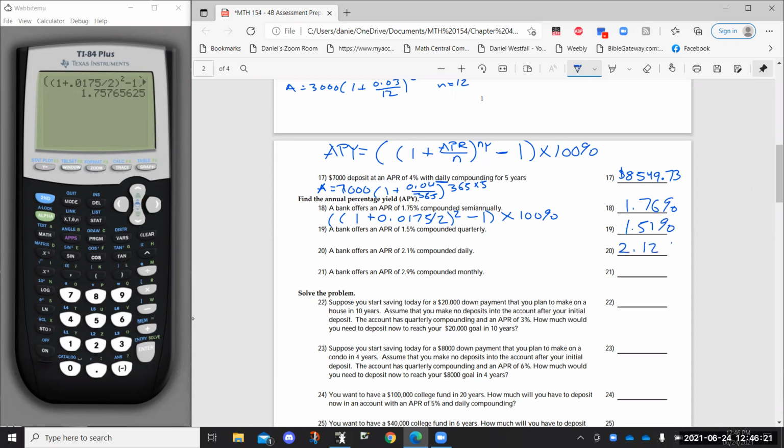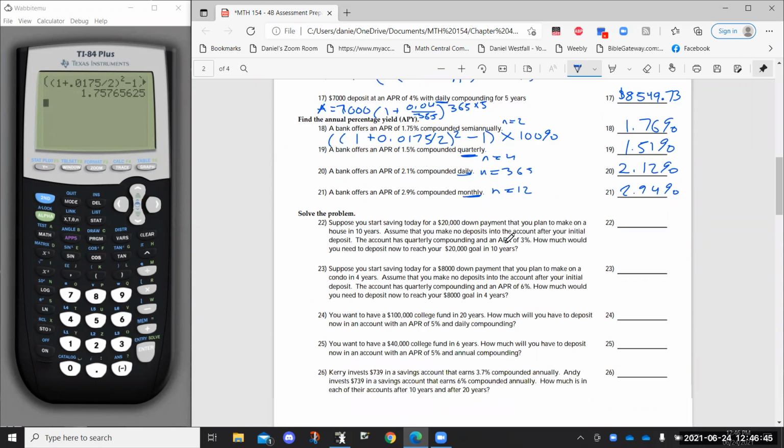If you can't, go ahead and ask me. Again, pay attention to the compounding periods. This is quarterly, so this is N equals 4. Semi-annually was N equals 2. This is daily, N equals 365. Monthly is N equals 12. Okay.